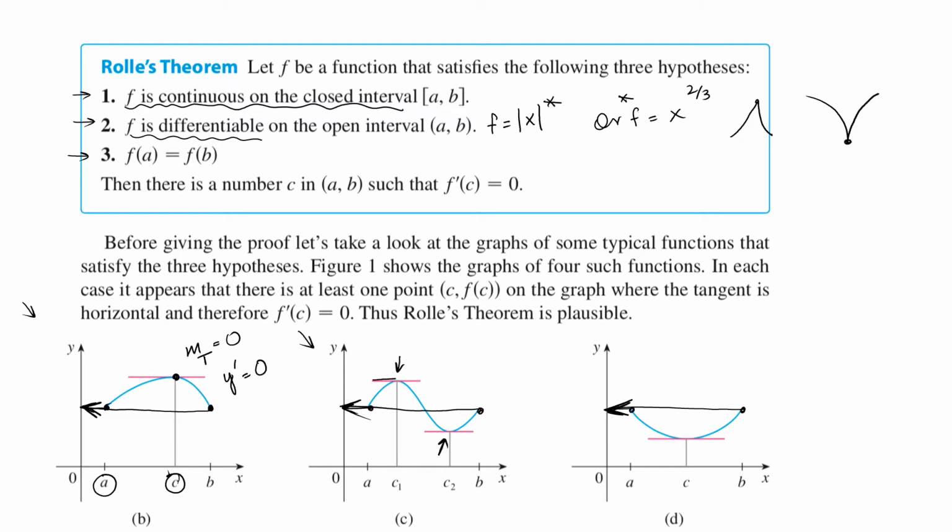If I draw a tangent line over here, you can see that the slope of the tangent line is 0, as we get a horizontal tangent line. Same thing in number 3. If you draw a tangent line at the relative minimum, you will see that the slope is 0 because you get a horizontal line. So this is what Rolle's theorem is.